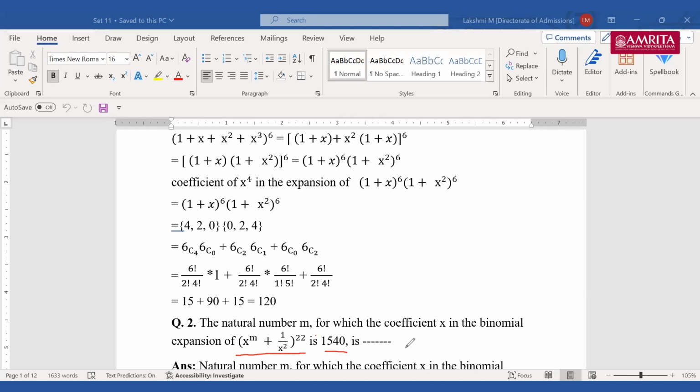The value is actually given as 1540. What is the value? I hope the screen is visible. I hope you are here along with me, just discussing the question, just doing the question.